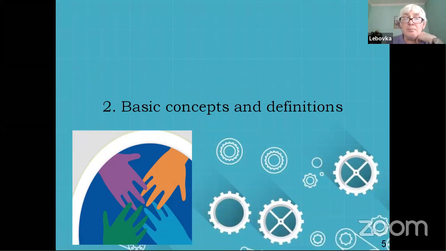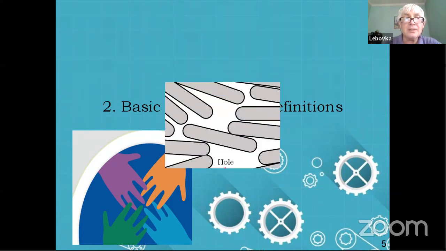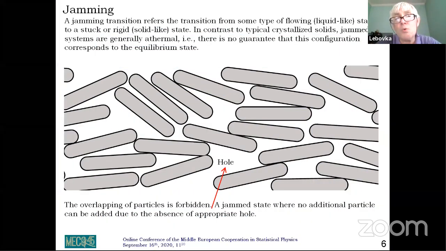So a few basic concepts and definitions. What is jamming? The jamming transition refers to the transition from some type of flowing state to another rigid solid-like state. In contrast to the typical crystallized solid, jammed systems are generally athermal, so there is no guarantee that this configuration corresponds to the equilibrium state.